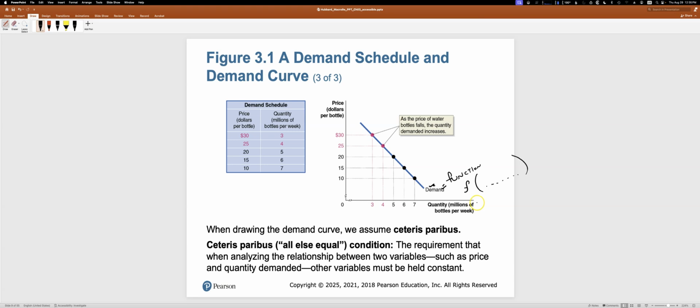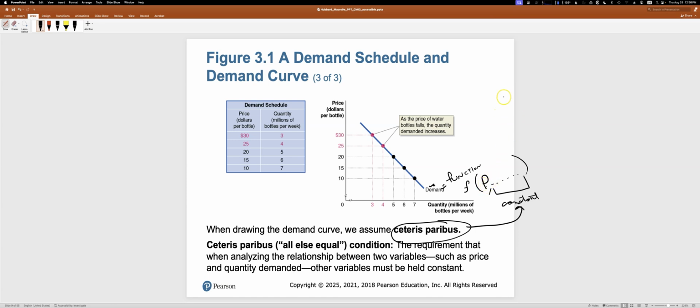What we want to say here is that let's keep all of the variables except one constant, don't have them change, and allow only the price to change. So ceteris paribus says that we're just keeping all the other variables constant and only changing the price.